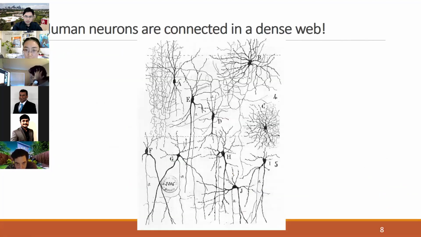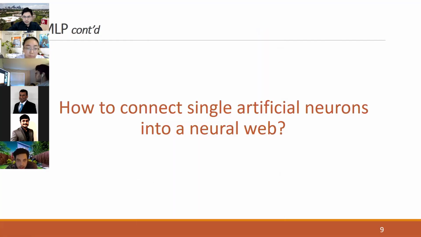In medical science, this is an image they produced of the interconnected neuron webs. And also there are different kinds, not only the same kind. So inspired by these, I guess the neural network was born.